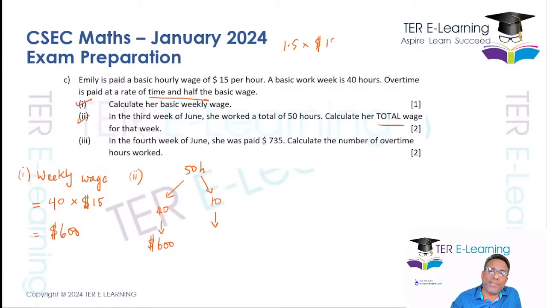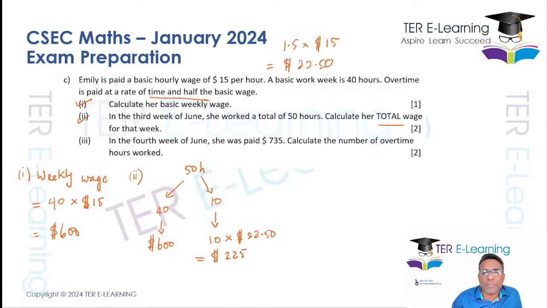That gives you your rate for overtime, which is $22.50. In this case, you work 10 hours overtime, so it's 10 hours multiplied by $22.50, which gives us $225.